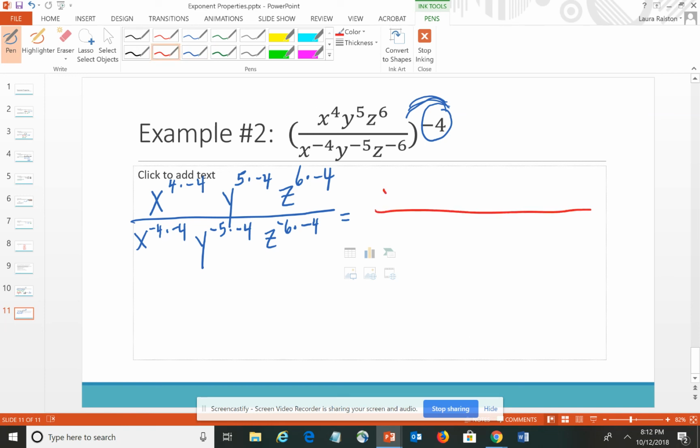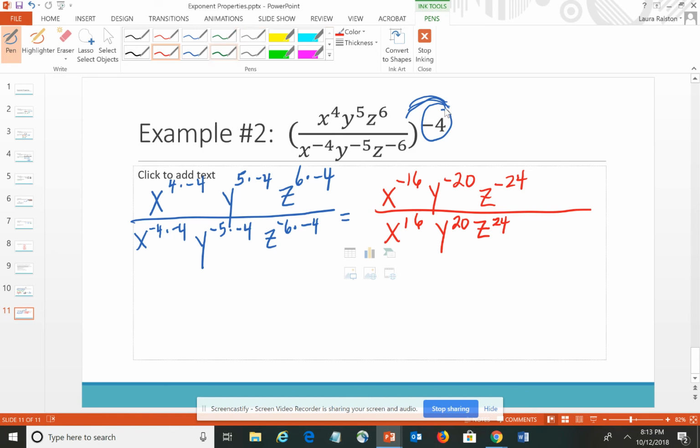That's fine. So we have x to the negative 16, y to the negative 20, and z to the negative 24. In the denominator, I have x to the 16, y to the 20th, and z to the 24th. I have x's in the numerator and denominator, as well as y's and z's.